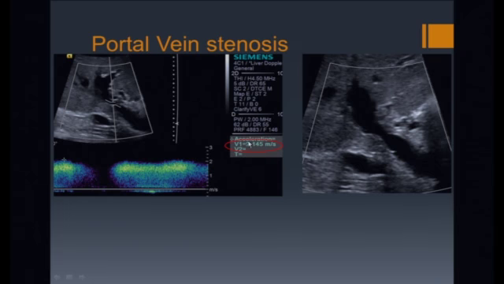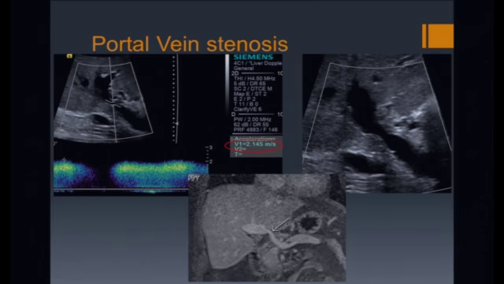In this patient, the peak velocity in the portal vein is 2.14 meters per second, and this is a high velocity and a sign of portal vein stenosis. Here's the corresponding MR image showing the stenosis within the portal vein.